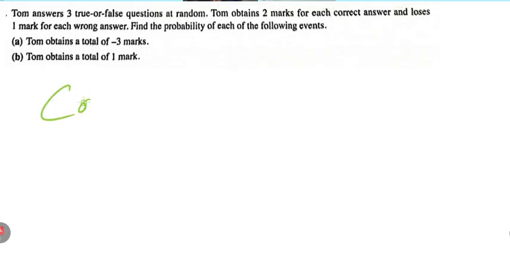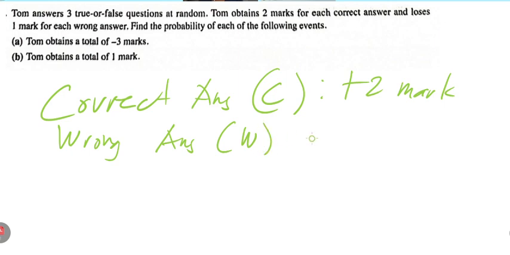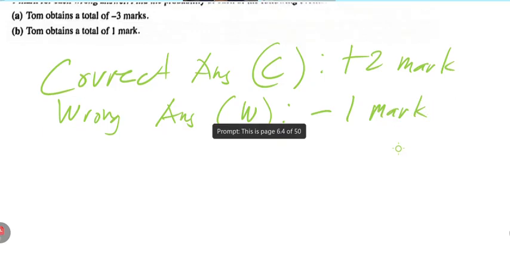The correct answer would be C, which would be plus 2 marks. For the wrong answer, we're going to write W, and that would be -1 mark.